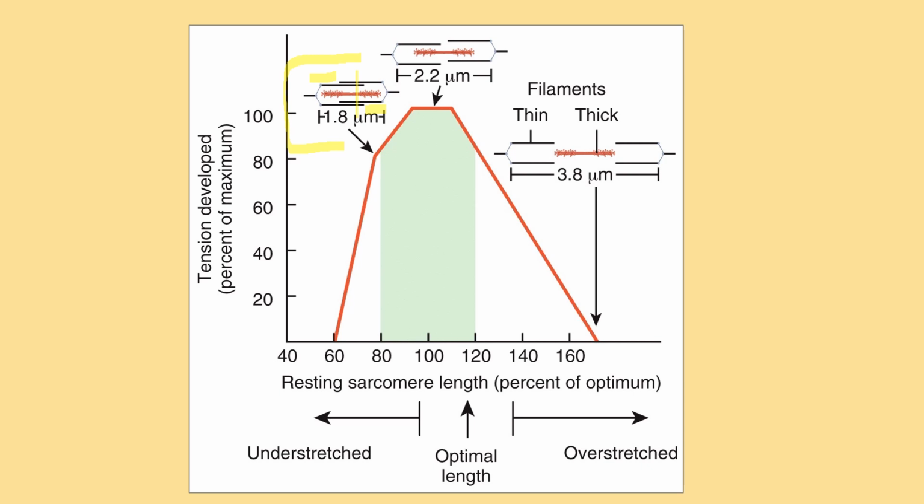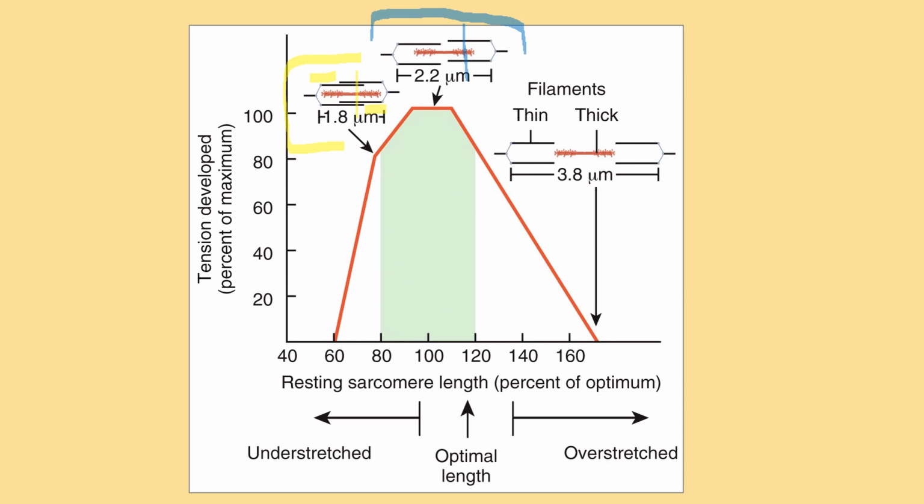And we'll contrast that with this sarcomere. Let me change colors. This sarcomere here is starting off at the optimal length. So what's going on here? At the onset of a muscle action potential and at the beginning of the contraction cycle, notice the spatial relationship between the thick and thin filaments. There's lots of opportunity for cross bridges to form, for those myosin heads to bind to actin.